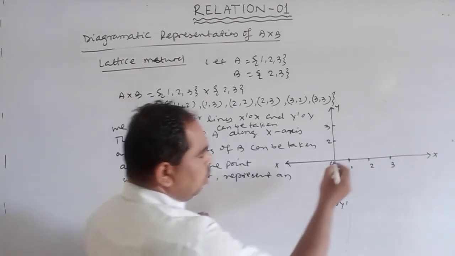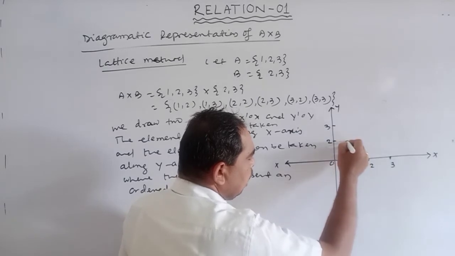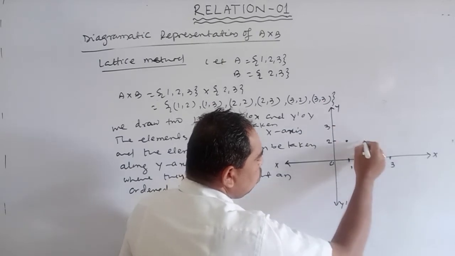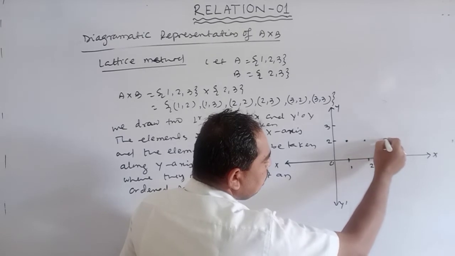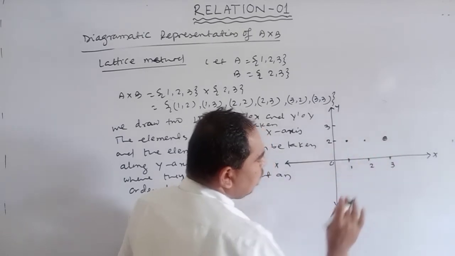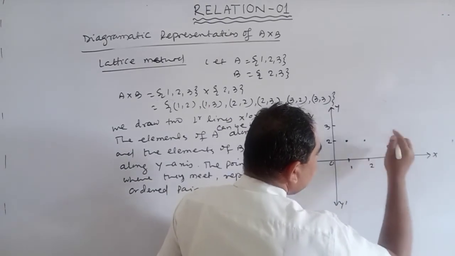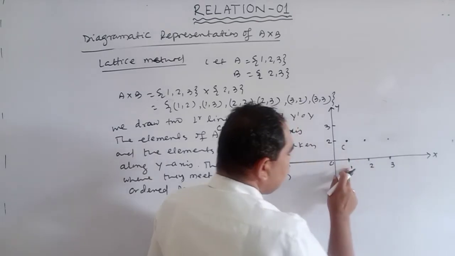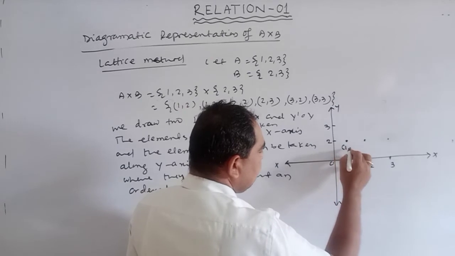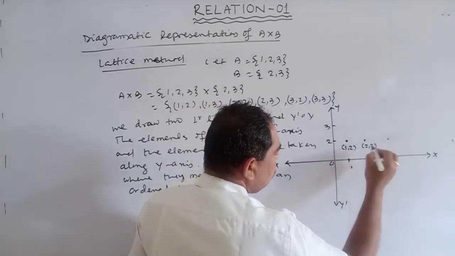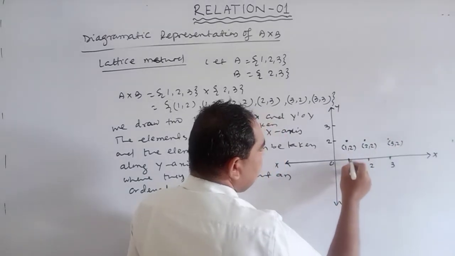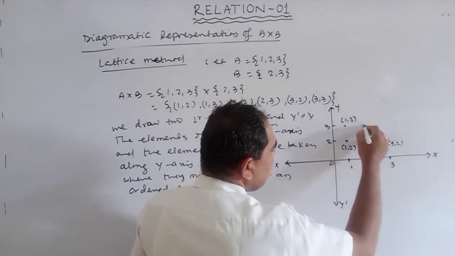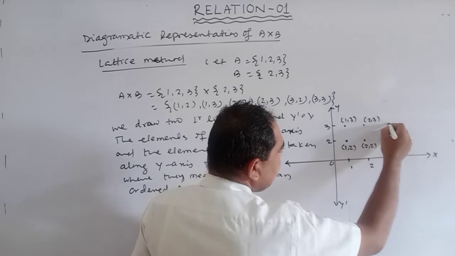Look, this is 1, this is 2. So this point, where 1 and 2 meet, is our ordered pair. Similarly 2, 2 is another ordered pair. So this is 1 comma 2, this is 2 comma 2, this is 3 comma 2. Next, this is another ordered pair 1 comma 3, this is 2 comma 3 and this is 3 comma 3.